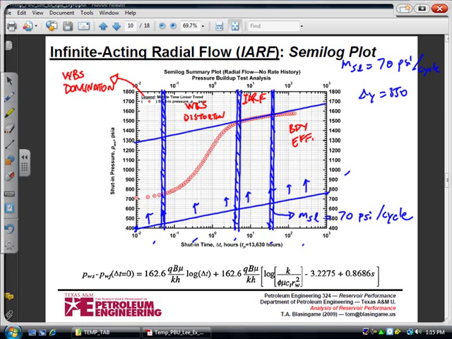So since we are using the same slope value, our permeability value will be the same, right? So it should be 7.65.